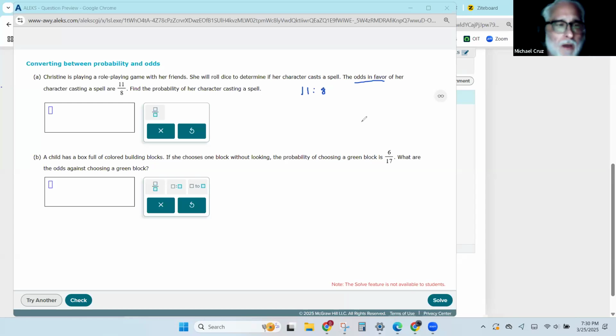That's my preferred way of writing odds because this right here makes it look like a fraction, which is valid, but it can be confusing in some cases. So I try to keep things separate by always writing the odds with the colon.